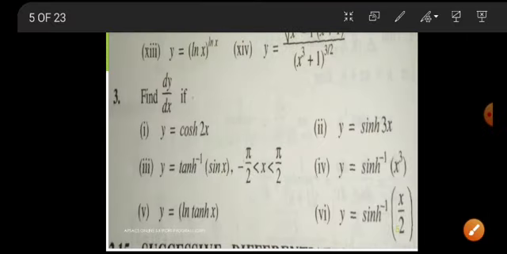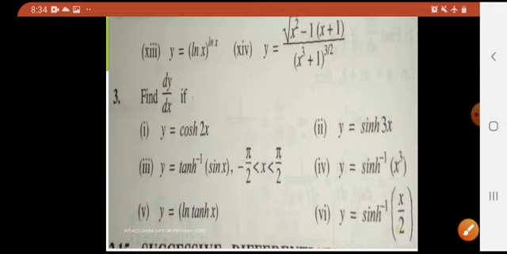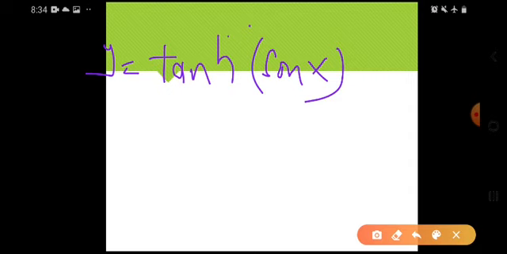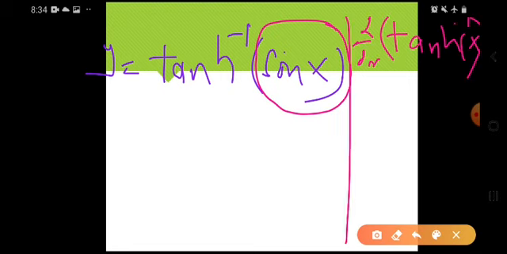Okay, next one, y is this, tan hyperbolic inverse of sine of x. Now my x being used is this function, ठीक है, ये नहीं भूलना. Let us discuss first of all what is dy by dx of tan hyperbolic inverse of x, क्या फॉर्मूला था, अभी हमने रिवाइज किया, लर्न किया इनफैक्ट. What was that?